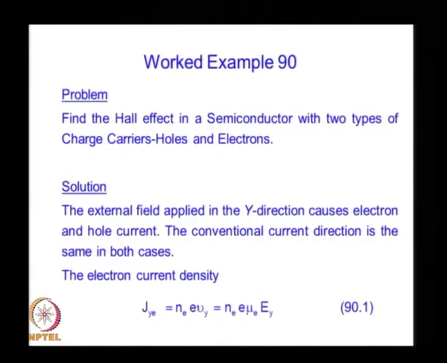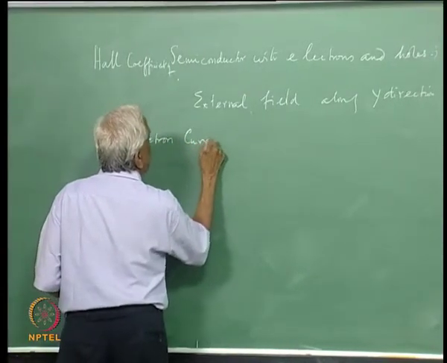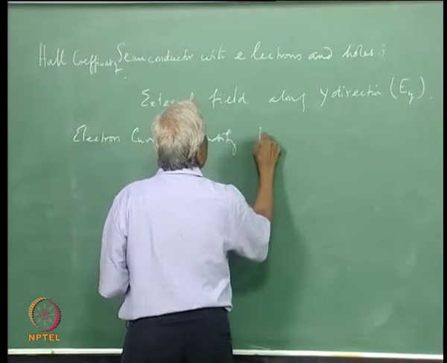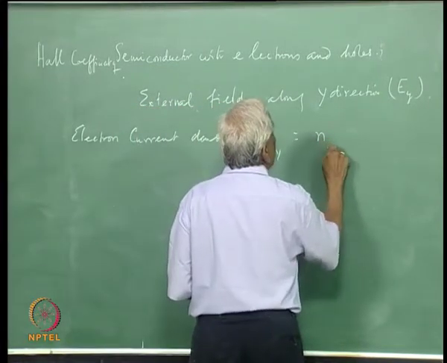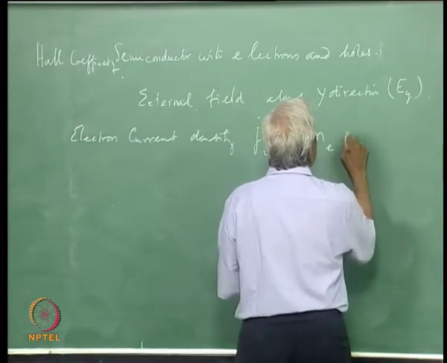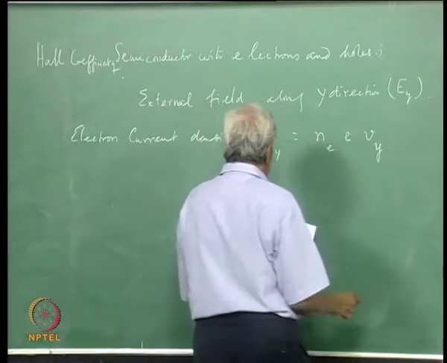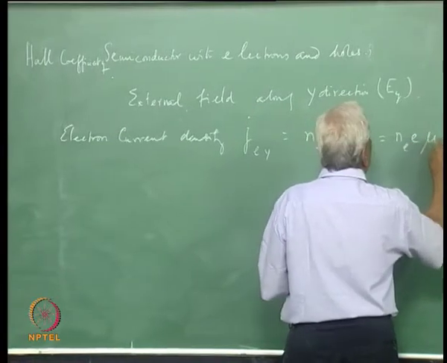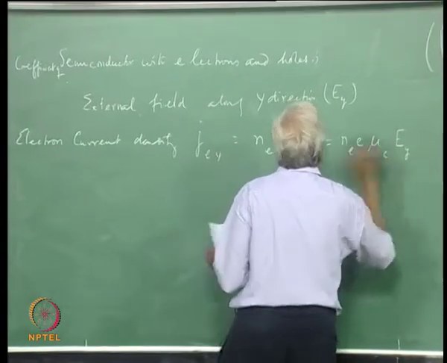So, the electron current density J_e,y will be the electron concentration times the electron charge times the speed of the electron along the y direction, and in terms of the mobility, it is μ_e, the mobility of the electron, times the field E_y.